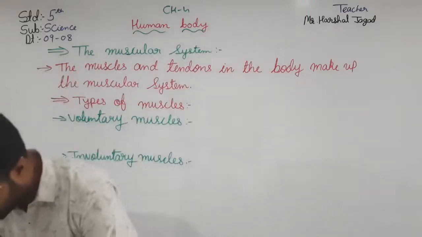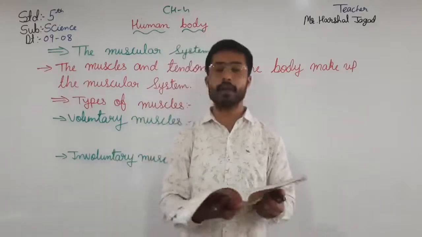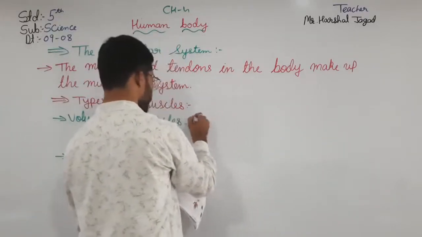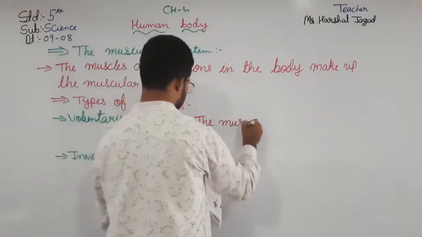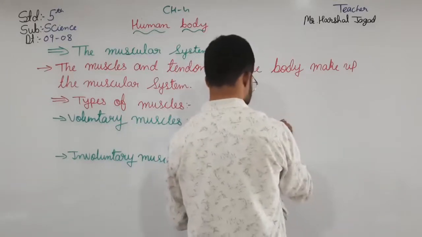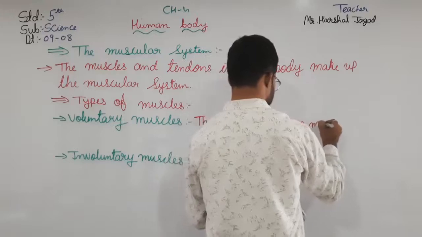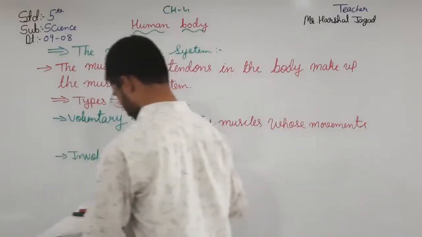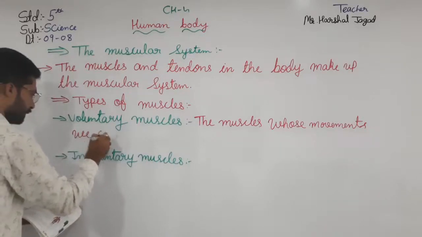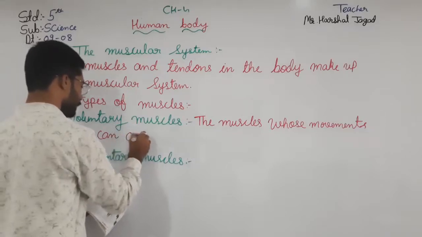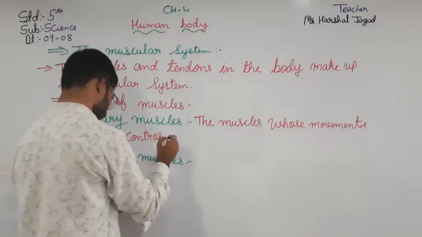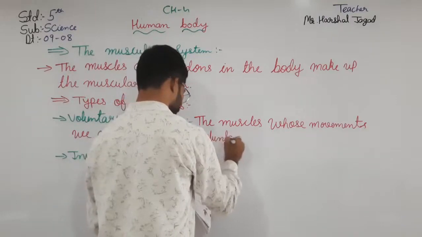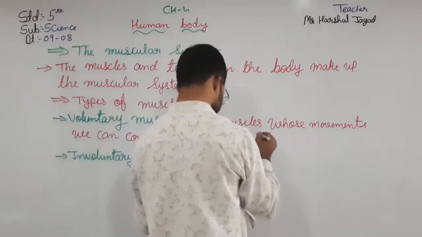The muscles whose movements we can control are called voluntary muscles.